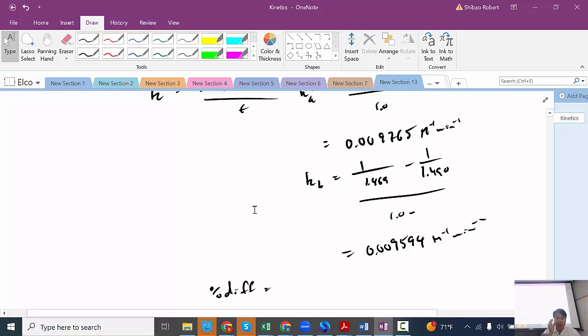So 97.65 minus 95.94, divided by 95.94, which is smaller. That's 1.78%. And so the one that has the smallest percent difference should be the most linear. So this is the most linear.